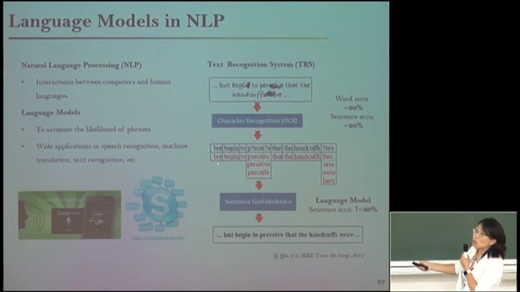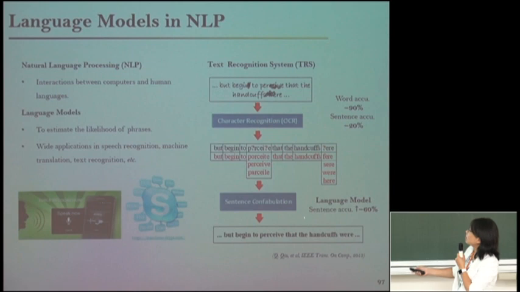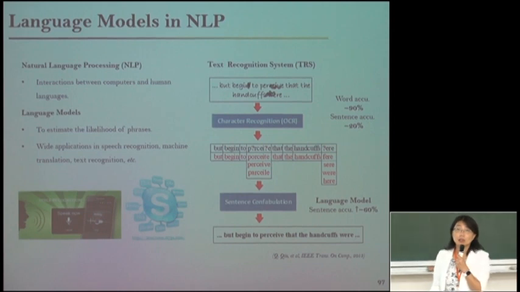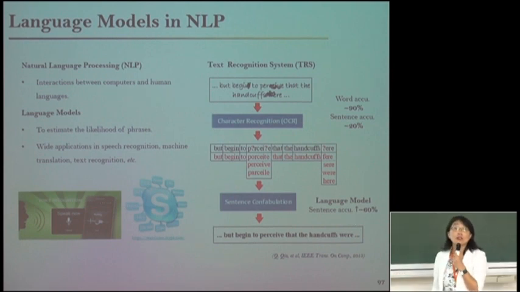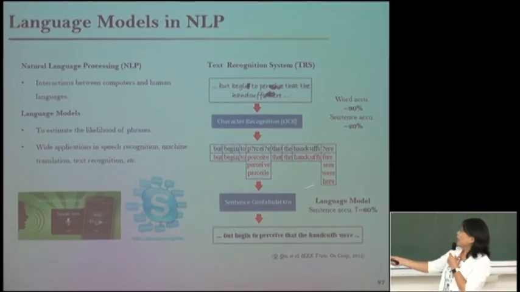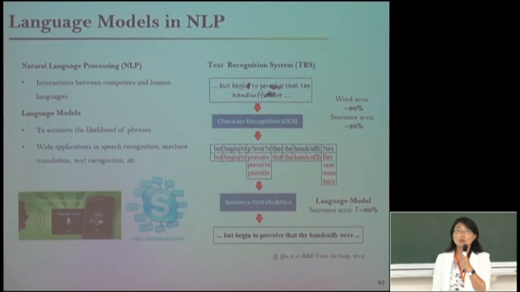The guess could be one word or multiple words as candidates. And then sentence confabulation uses language models to recover the original sentence over here. So the FPGA example I showed here is for sentence confabulation. The concept here and word confabulation is quite similar.